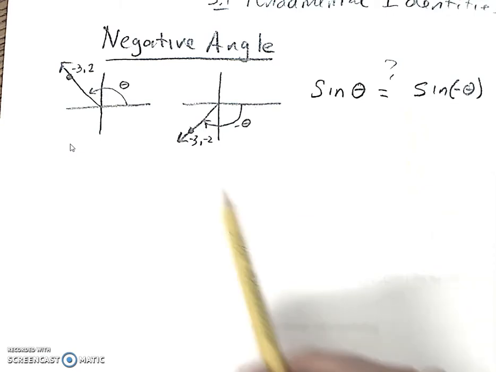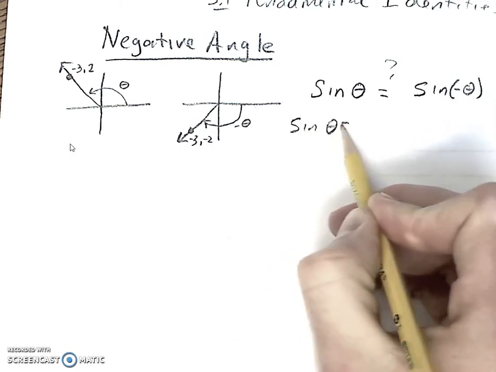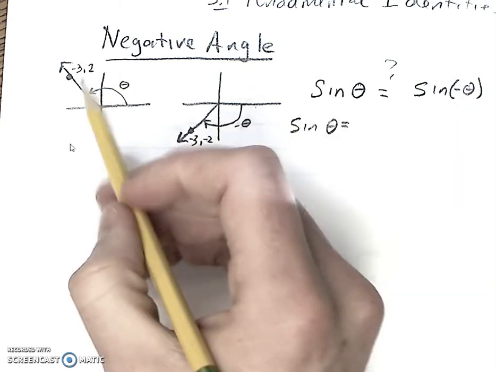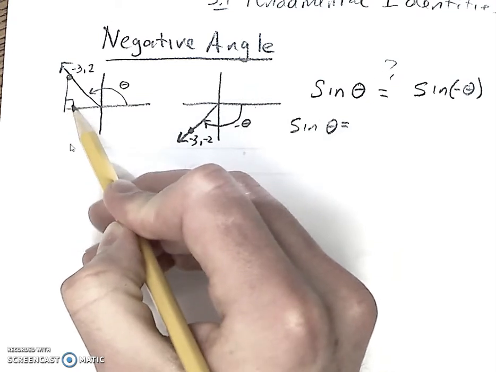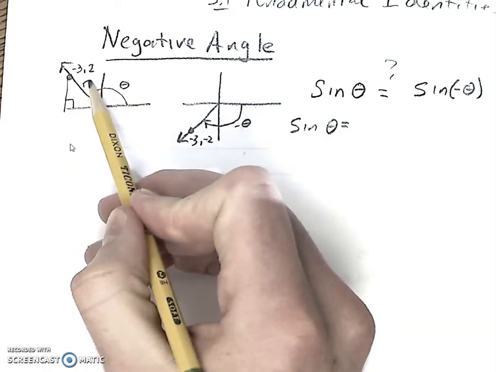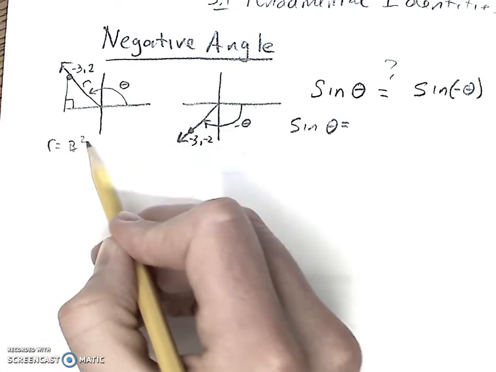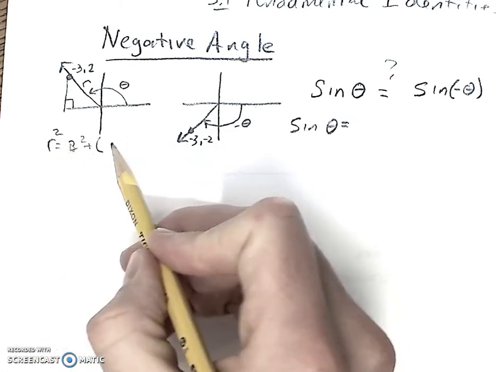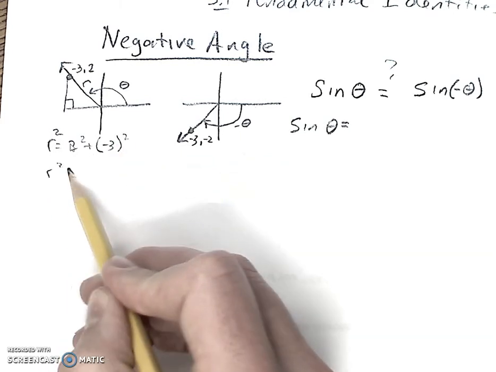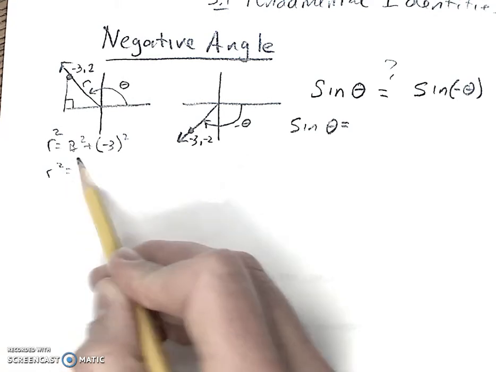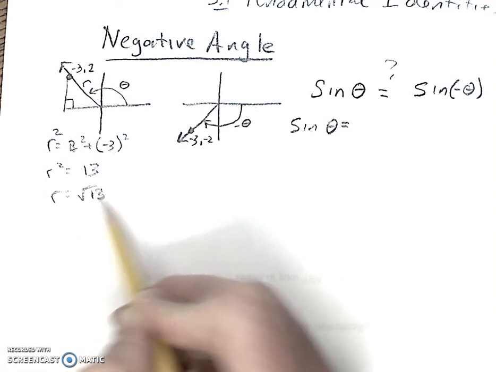Well, you can look at it and clearly see that since sine theta is going to be, well, if we would drop our right triangle, that's what we would call our R. R squared would be 2 squared plus -3 squared, which would be 4 plus 9, which is 13. So R is the square root of 13.